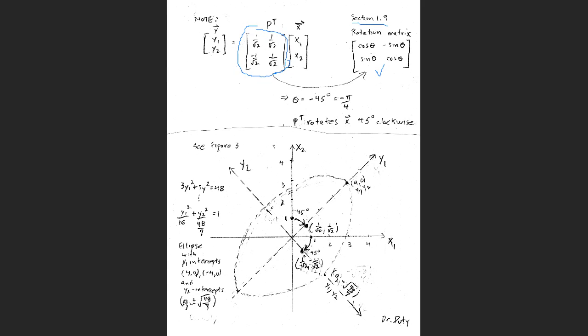I'm using thetas, but this is the rotation matrix, and this is going to correspond to a rotation transformation. The theta has to be negative 45 degrees, because that's the only value of theta that will work for this matrix P transpose.